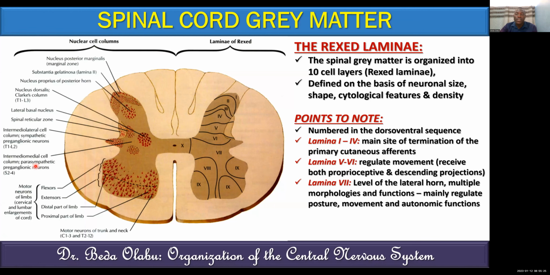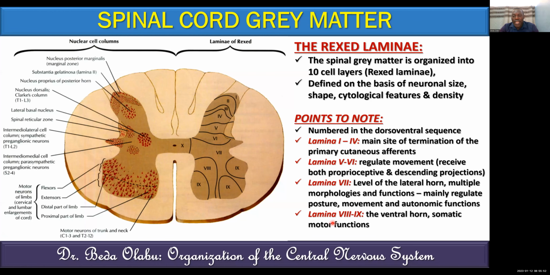S2 to S4 is parasympathetic, T1 to L2, L3 is sympathetic. Other than that, lamina 7 also has other functions in terms of regulation of posture and movement. There are some pathways that relay within this region as they ascend, but they're responsible for posture.